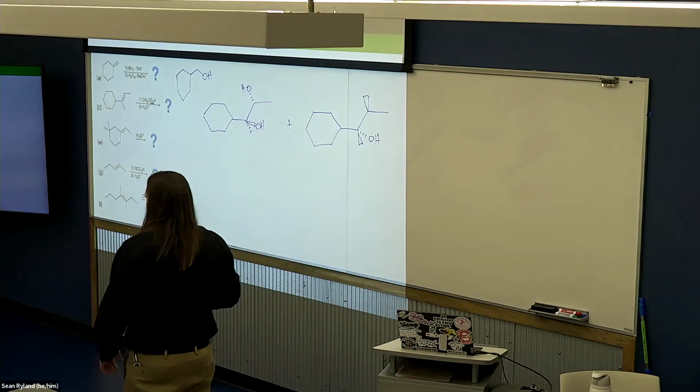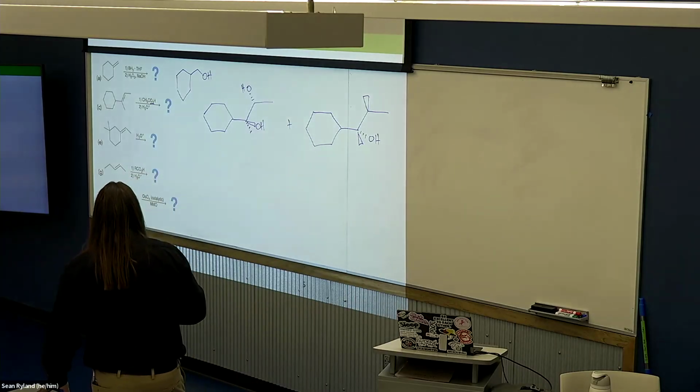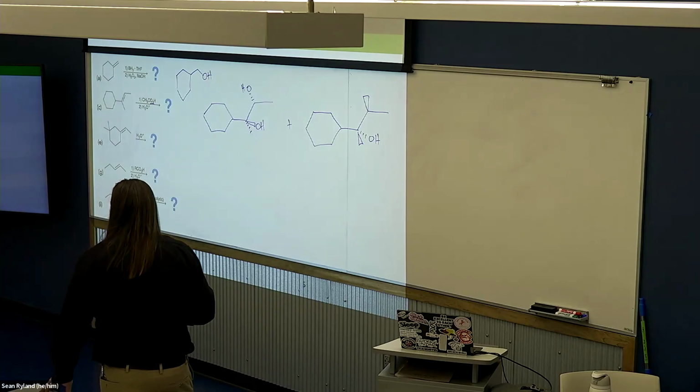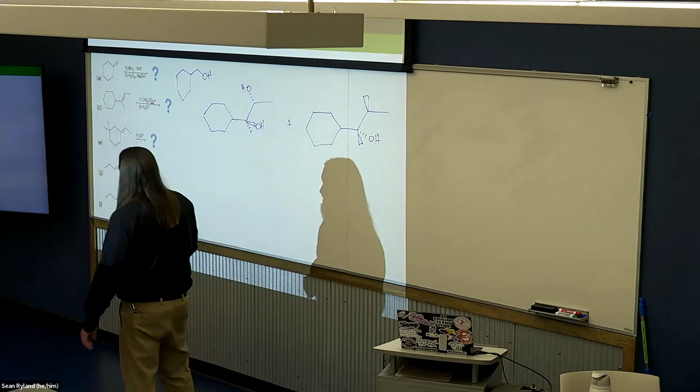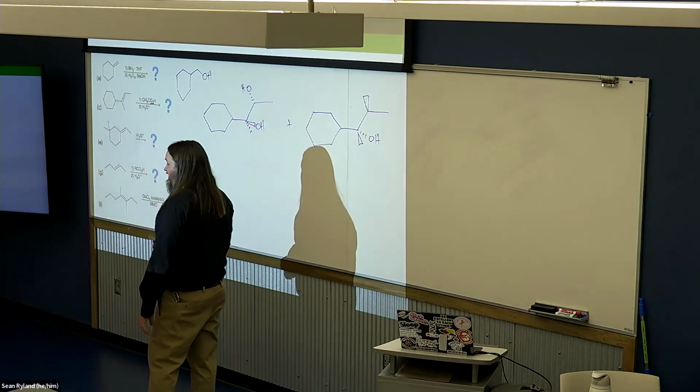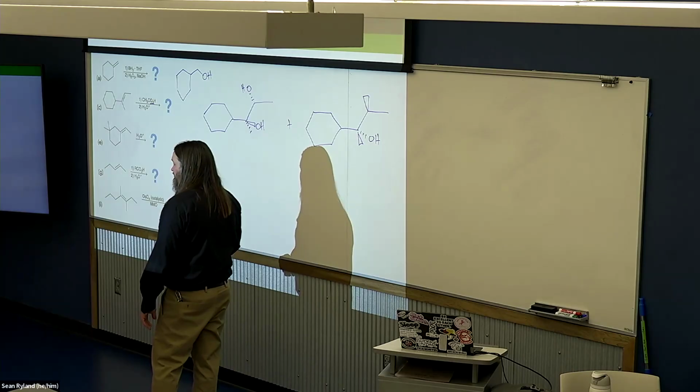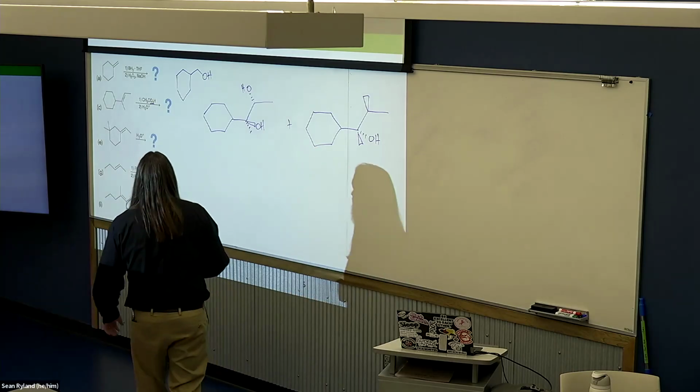So we're not making every stereoisomer possible. But this is definitely where you can't just say R plus S, because there are 4 possible stereoisomers and we only need 2.